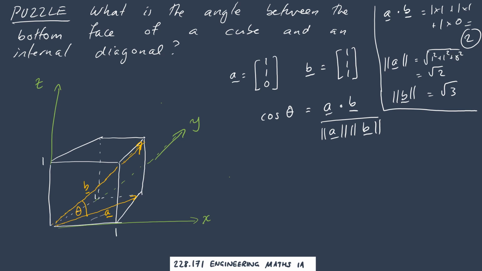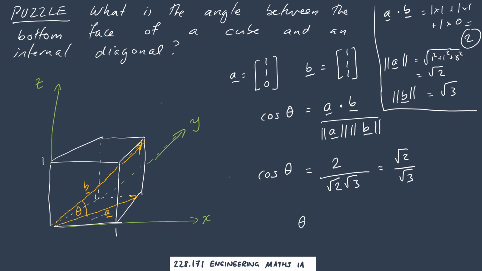So the last thing we want to do is to plug all this into our calculator or into our computer or however we're going to do it, and we'll get cosine theta is equal to A dot B, which we said was 2, over root 2 root 3. And if we like, we could notice that 2 divided by root 2 is root 2, so it also equals root 2 over root 3.